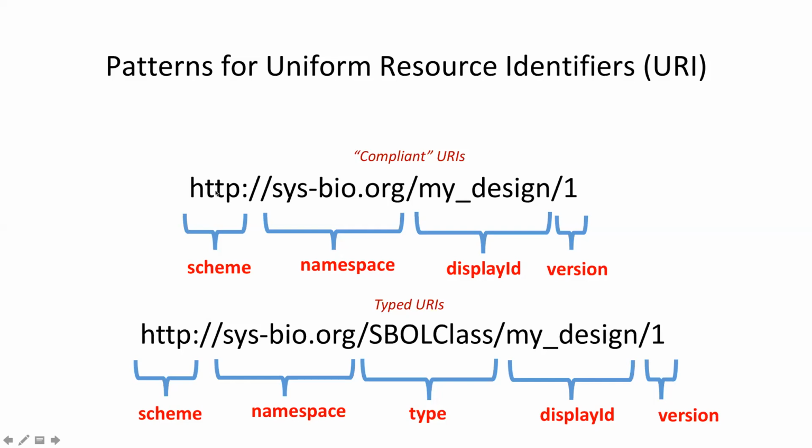The first is the URI scheme, which is like HTTP, but it can also be like file. I think email too is a valid scheme, but there are different schemes for URIs. We typically use HTTP. There's the namespace, the display ID, which is kind of like a local ID for the object in your namespace, and then an object version.